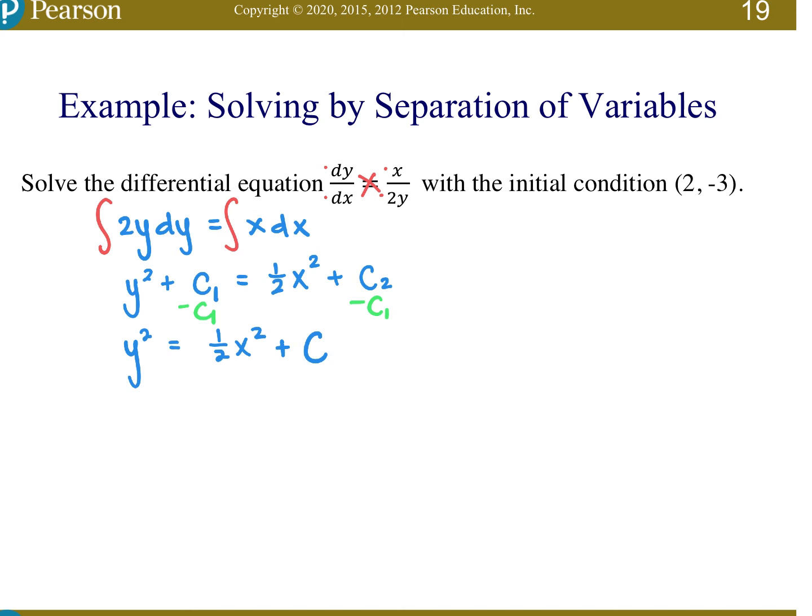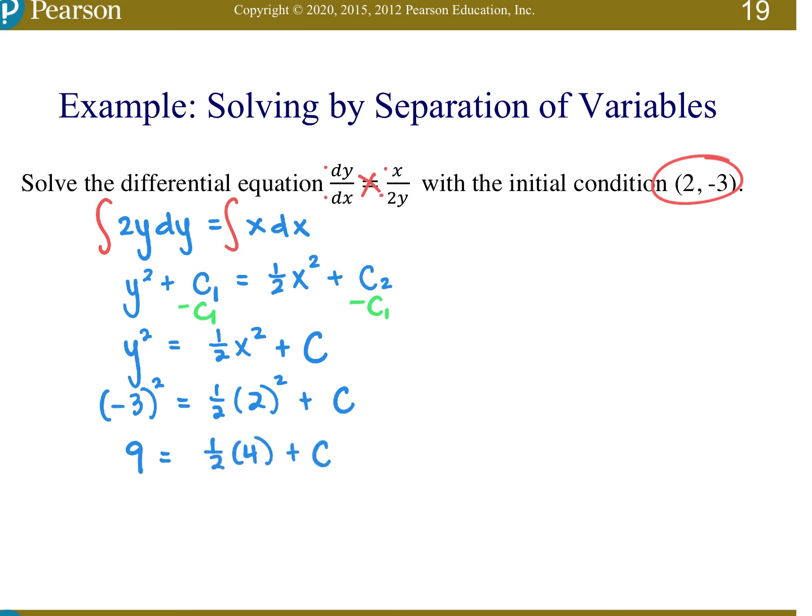Once I do that, I'm going to plug in my initial condition over here, and I'm going to put 2 in for x and -3 in for y. So 9 goes in for y squared, and 1/2 of 2 squared goes in for x, plus c. So that's 9 equals 1/2 of 4 plus c, or 9 equals 2 plus c, and c turns out to be the number 7.